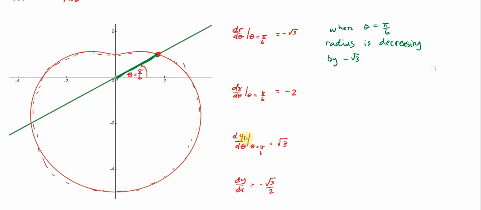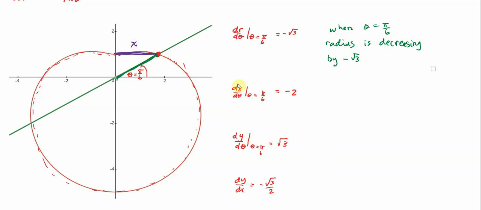Now let's look at dx d theta. Keep in mind dx is the horizontal distance, so it's really this distance right here. I'm going to draw this horizontal distance right here, and maybe change the color. So dx d theta is the change in x.